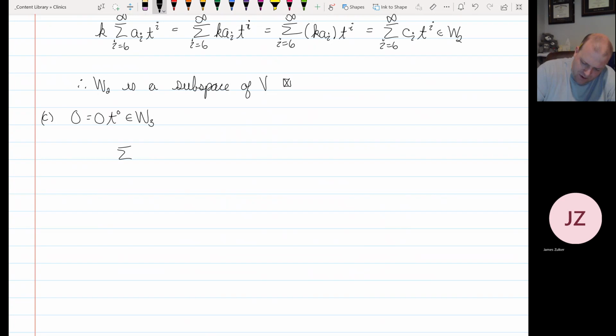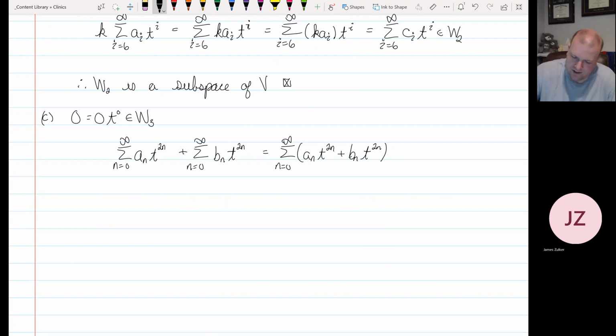So let's take 2. I'm going to use n this time. Polynomials of even degree only, so the summation n equals 0 to infinity, a sub n t to the 2n, right? That's what it means to be even. And then b sub n t to the 2n. And this equals this, right?